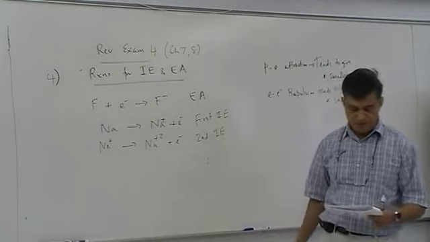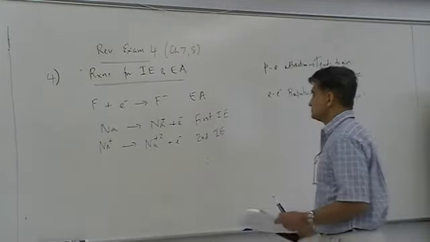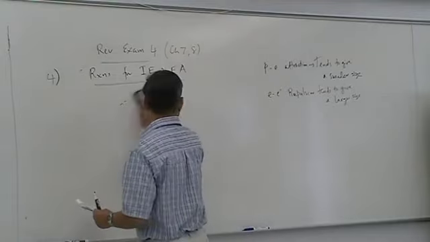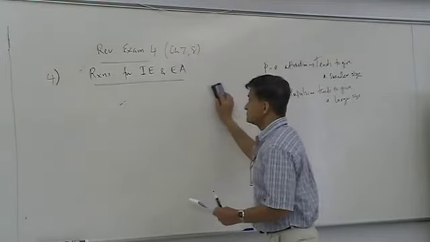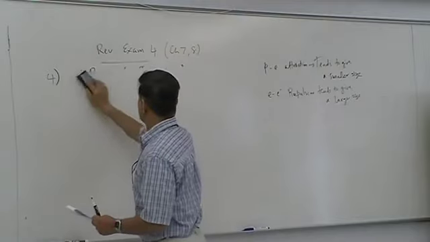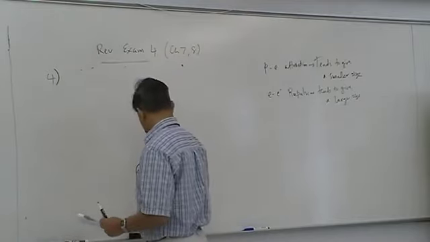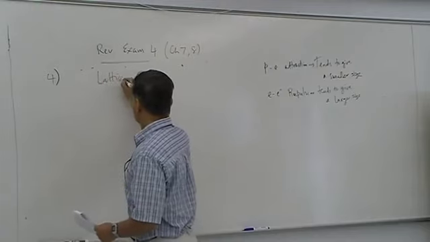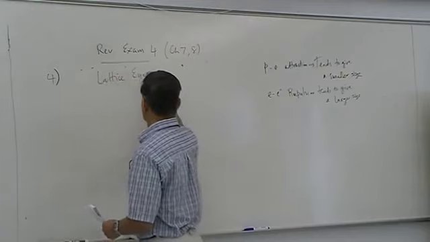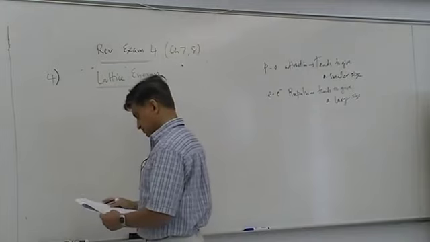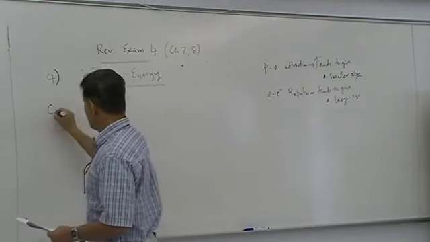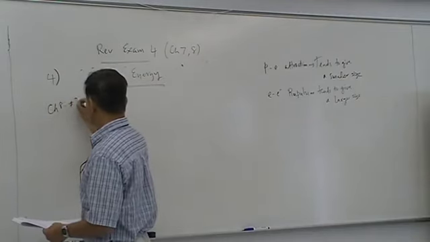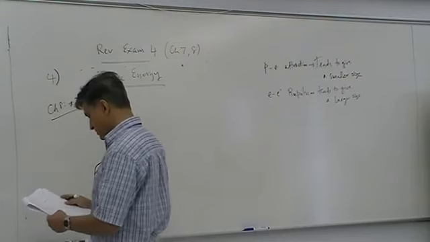Now, the fifth type of problem would be coming from lattice energy. Again, this is coming from a problem in chapter 8, number 26, Brown and LeMay book.